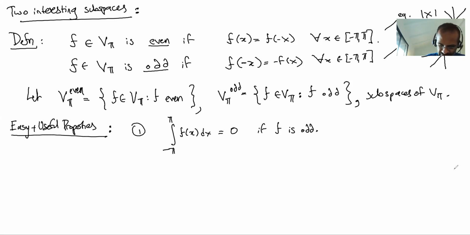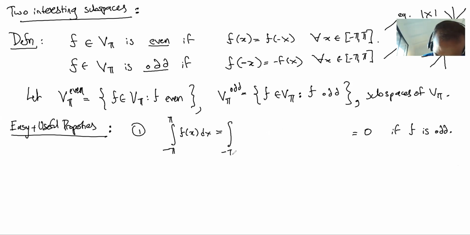Now, okay, why is that? Well, let me write the proof actually. So now you split this in two integrals, right? So you have minus pi to 0 of f of x dx plus integral 0 to pi of f of x dx.